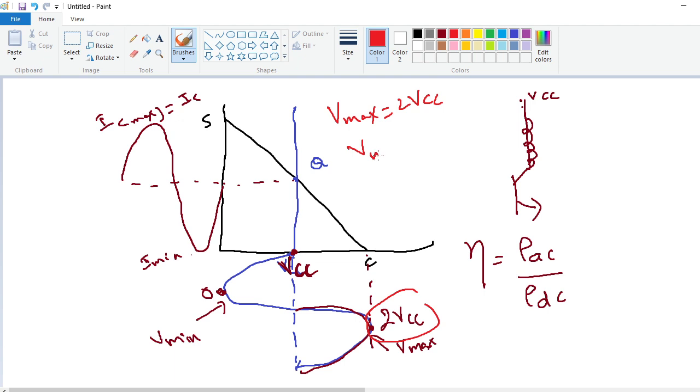In ideal condition, V minimum is equal to 0. Similarly, I maximum is equal to IC and I minimum is equal to 0. So here, instead of I maximum, IC is substituted, and instead of V maximum, 2 VCC is substituted.